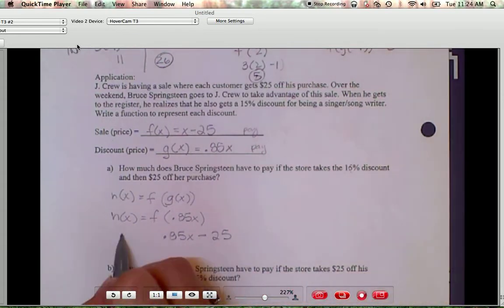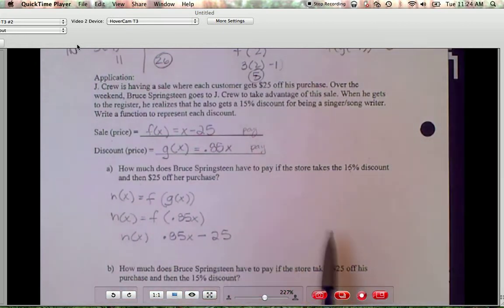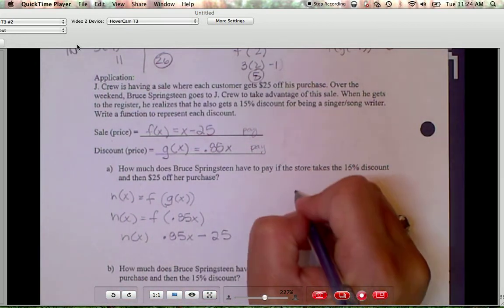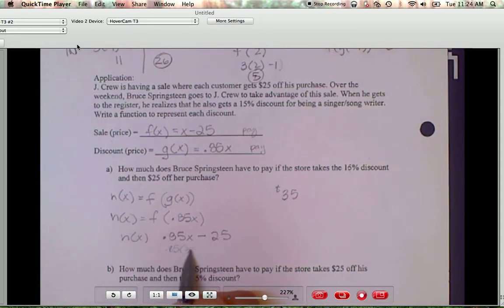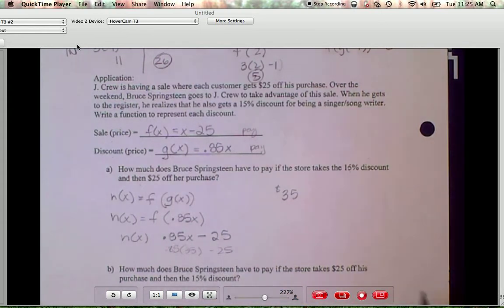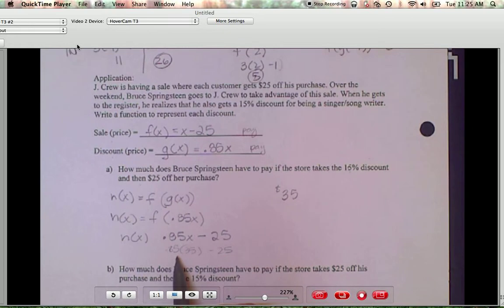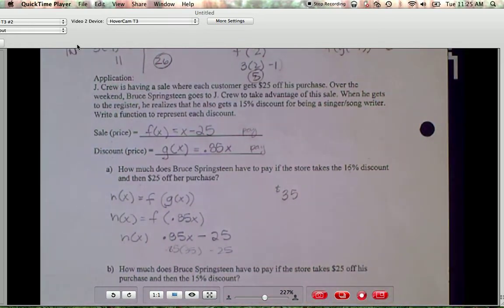Okay, so if we know that the item costs $35, we can plug 35 in here. So 0.85 times 35 minus 25. And this would be how you would calculate the total cost after all the discounts.